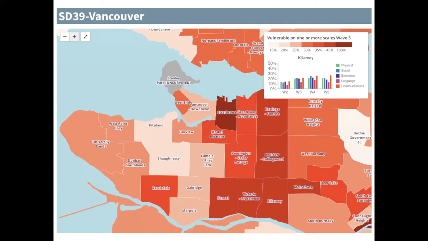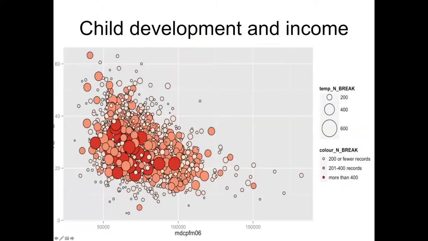Here's an example of Vancouver, the city here on the West Coast, where you see color-coded the variability and vulnerability rates at the neighborhood level. So very dark red means high vulnerability here in the Strathcona area, and the very light means low vulnerability. And as Magdalena pointed out, there's a high correlation with socioeconomic status. When we plot this for the whole country, each bubble is representing a neighborhood in Canada, and the larger bubbles mean more children living in those neighborhoods.